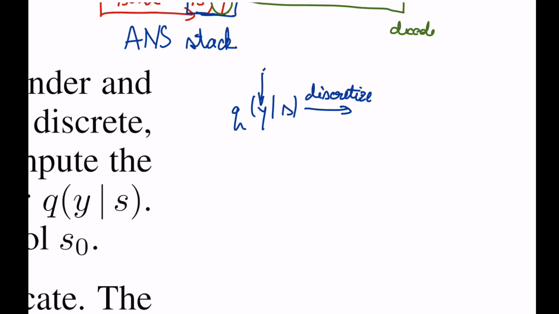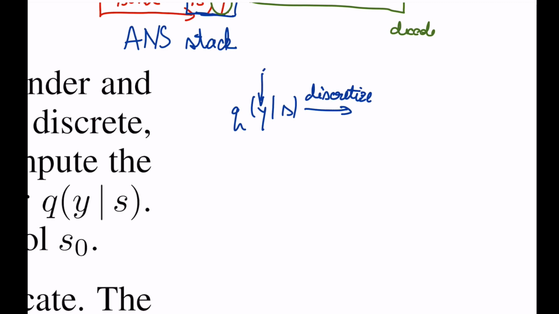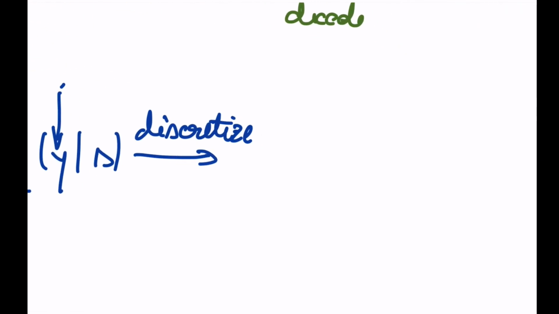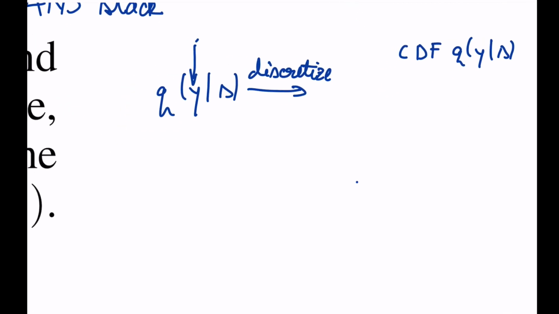We need to discretize. So we are going to discretize it, but we are going to pay a small price for that. Now if you look at the CDF of the discretized version, it's going to be between 0 and 1.